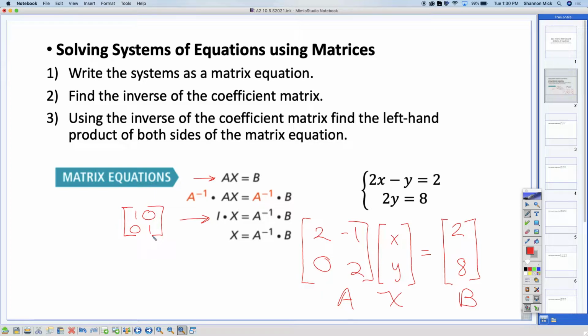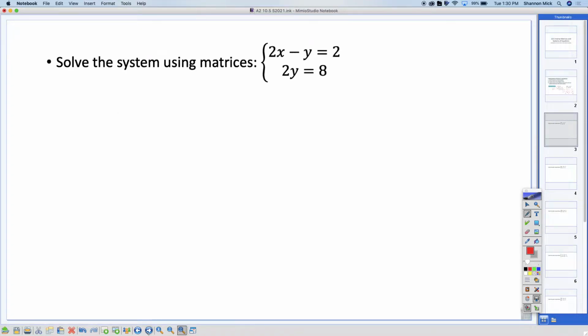Everyone ready? Okay, so this is the same matrix we just had. Last hour I squished it all on that slide and it was not neat. Okay, so the first thing I need to do is make my matrix equation: coefficients, variables, and then the solutions.